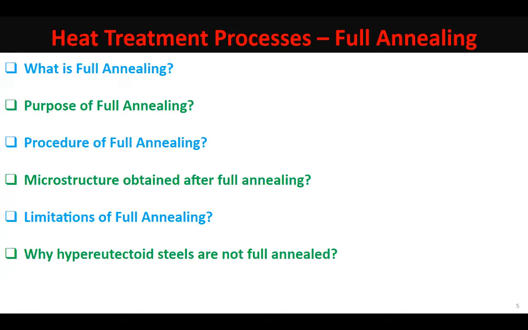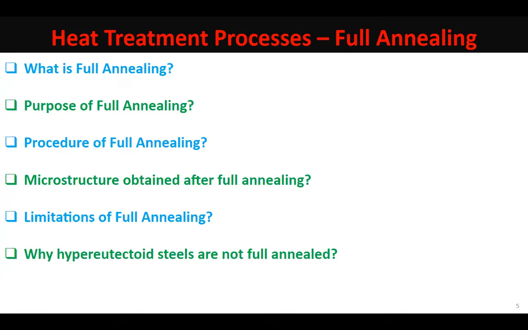So for some reason, if the steel was given a treatment, or when it was being worked, its grains deteriorated and became very coarse grained, or if the steel is not having good softness, not having good ductility, or if the steel has got a lot of internal stresses, residual stresses, or locked in stresses in it, or if for 0.3 to 0.4 carbon steels the machinability is not good, there are various reasons for which full annealing treatment can be given to the steel.